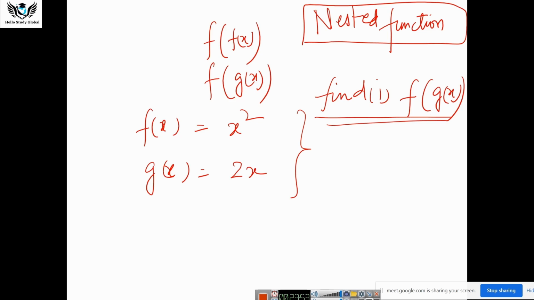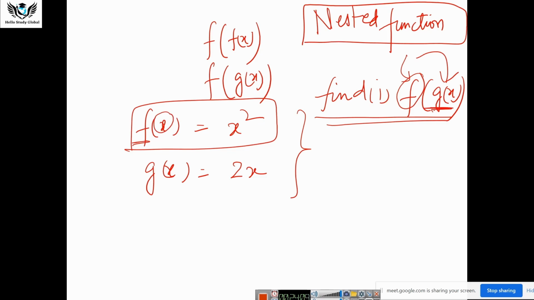So what we have to do is, instead of x, we talk about function f, which is a square function, just that in the input, instead of x, the input should be g(x). So what would that function look like? This is what we have to find, right?